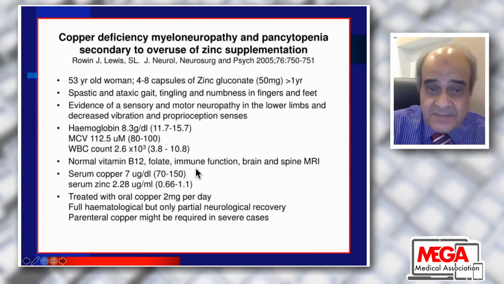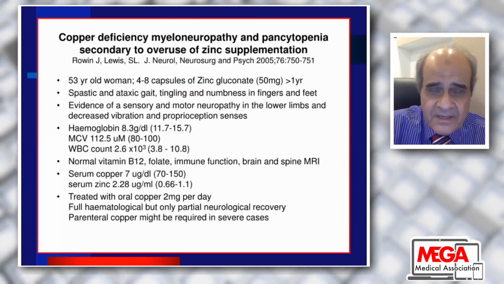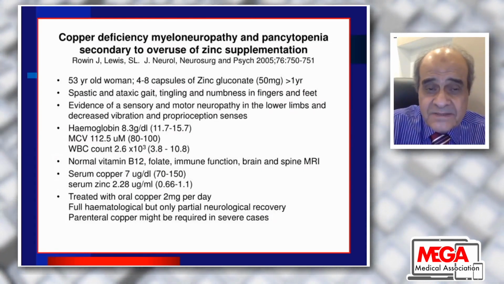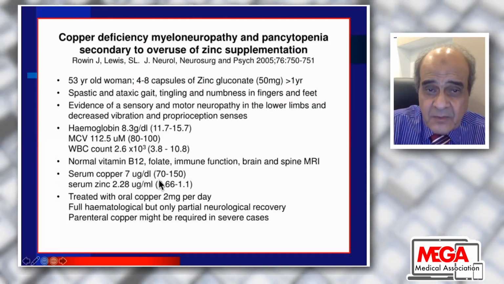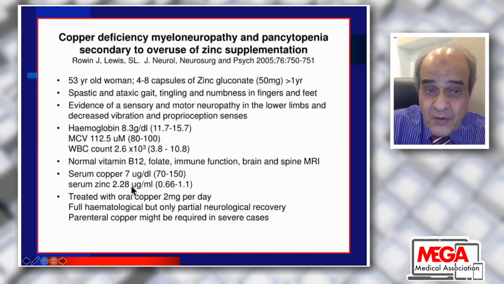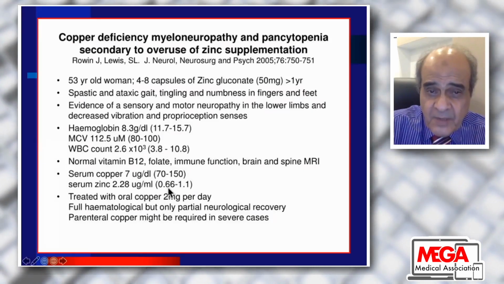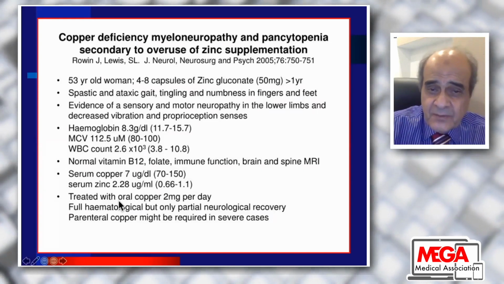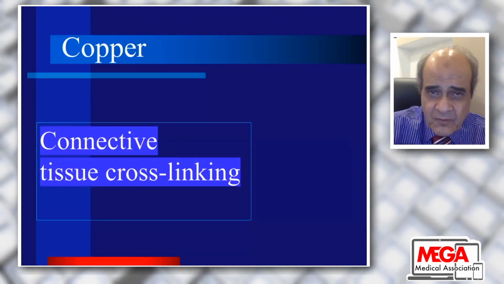Brain and spine MRI show problems of copper deficiency. Serum copper was very low, 7 microgram per deciliter, normal from 70 to 150. Serum zinc is high, 2.28 microgram per ml, the normal range being from 0.66 to 1.1. The patient was treated with 2 milligram per day of copper, and he improved to some extent.